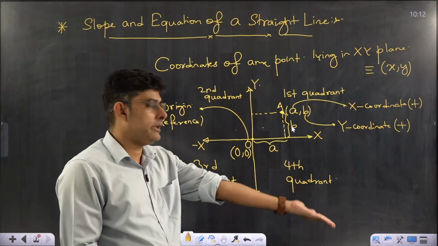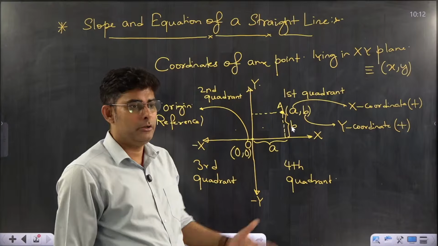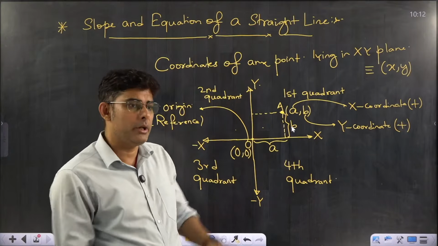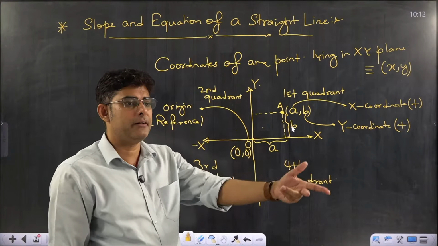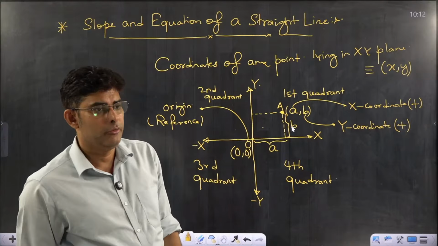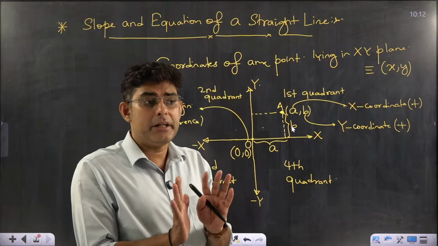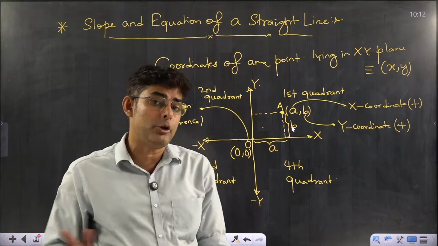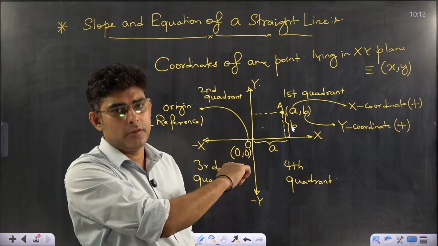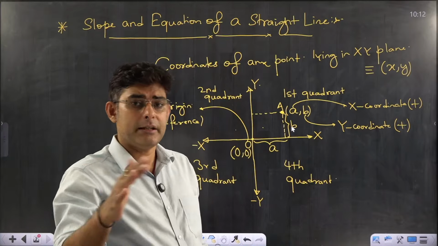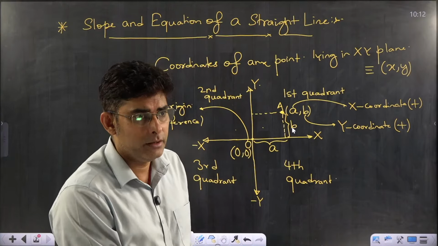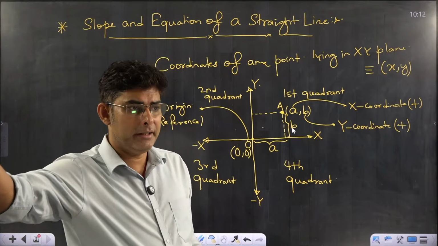Now lift the copy, it was kept horizontal, keep it vertical. You will see it will change. You can rotate the axis, you can make x as y, y as x, no problem. So the general convention is that we take horizontal as x, but there is no hard and fast rule that you have to always take x as horizontal. You can take x as vertical and y as horizontal also, right? But these things are to be discussed later.